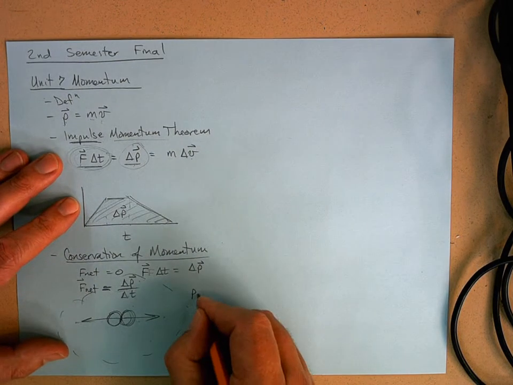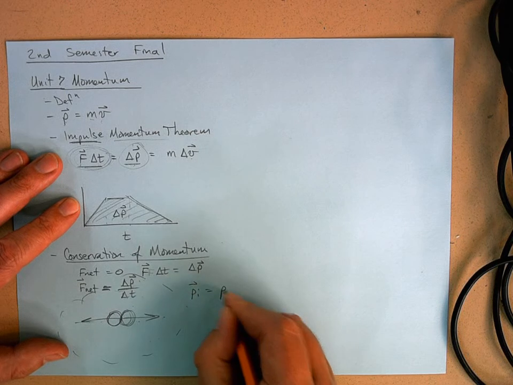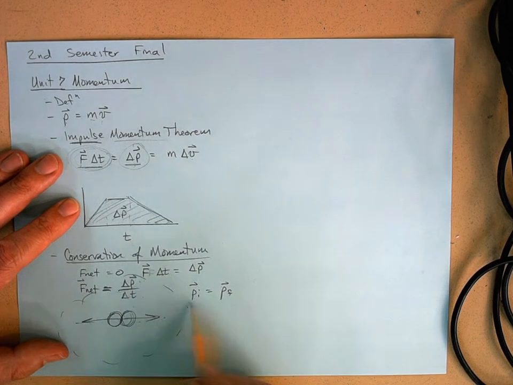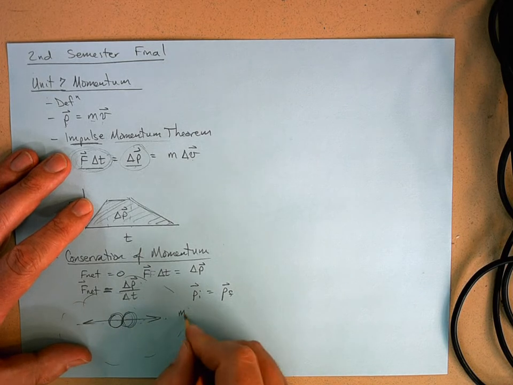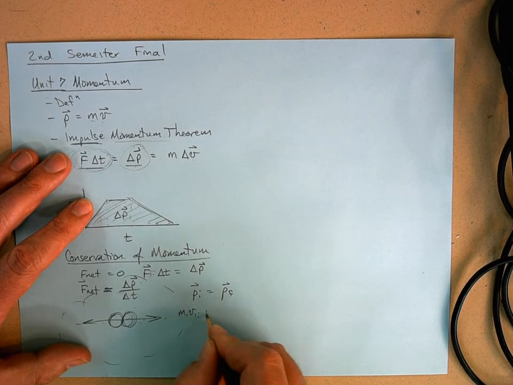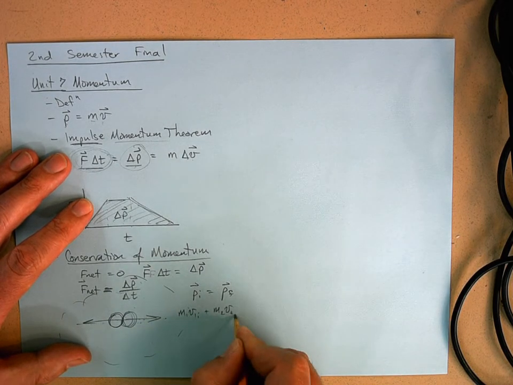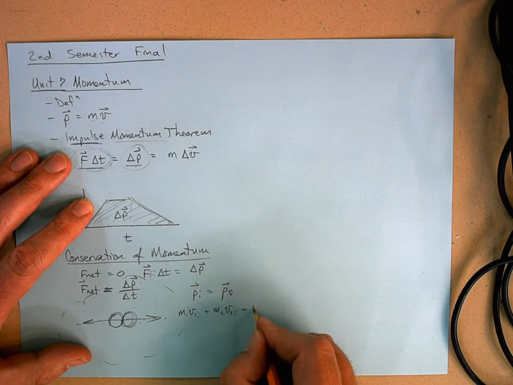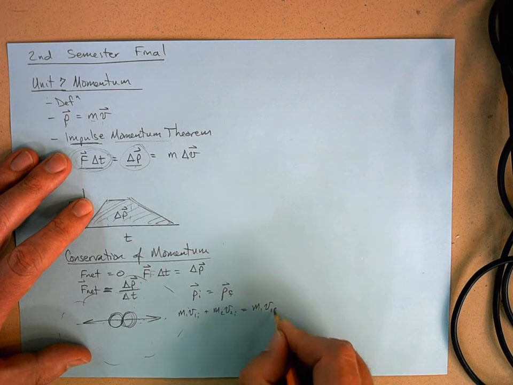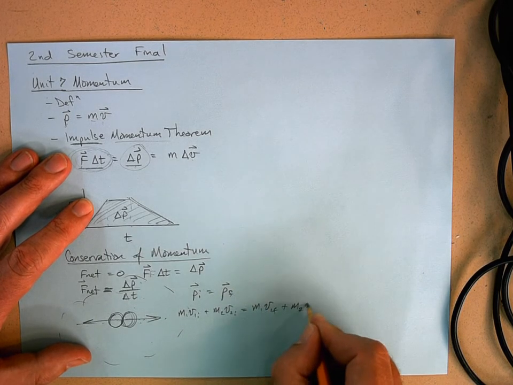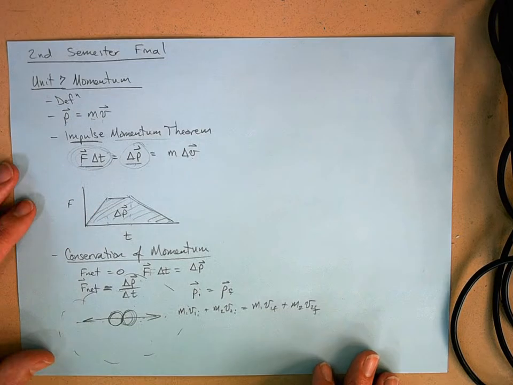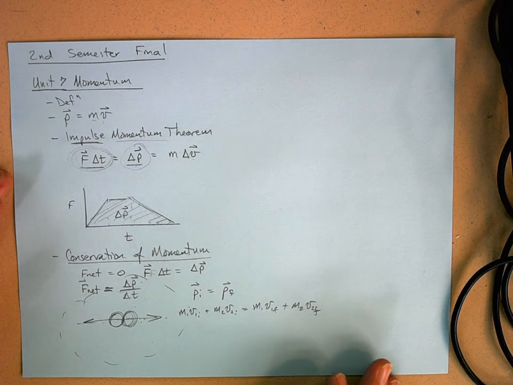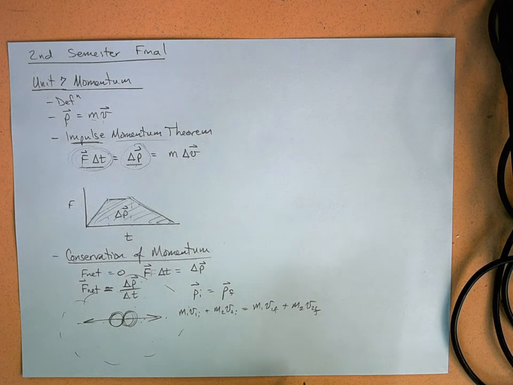So here we have P initial, therefore it would have to equal P final. Initial momentum equals final momentum. And so if you have two objects, you go M1 V1 initial plus M2 V2 initial equals M1 V1 final plus M2 V2 final. We worked problems like that back then. So there could be a simple collision problem on the final.